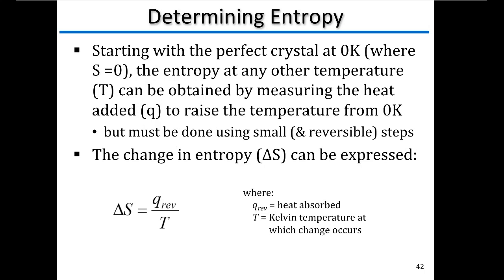The change in entropy, delta S, can be expressed as delta S equals Q over T, where Q here is the heat absorbed and T is the temperature in Kelvin at which a change occurs. So the heat absorbed over the temperature where you see a change occur is equal to the change in entropy. So Q over T is equal to delta S.